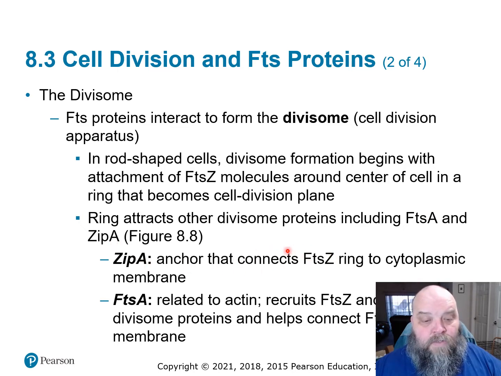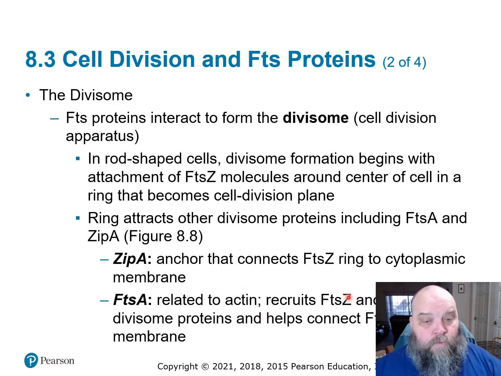that interacts with FtsA and ZipA. ZipA, this is what anchors FtsZ to the cytoplasmic membrane. So this is going to be an integral protein inserted in the cytoplasmic membrane that is interacting with FtsZ. FtsA is an actin-like protein.